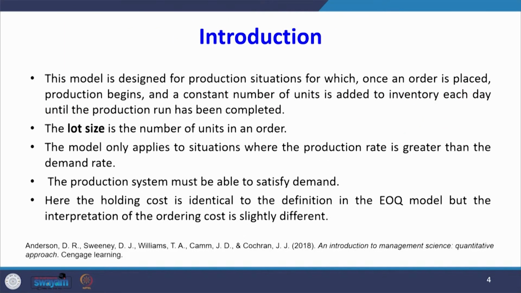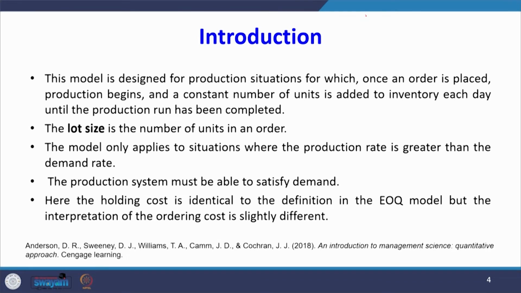This model is designed for production situations for which, once an order is placed, production begins and a constant number of units is added to inventory each day until the production run has been completed. The lot size is the number of units in an order.